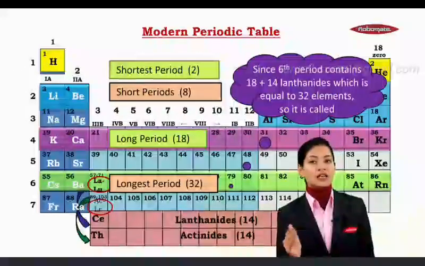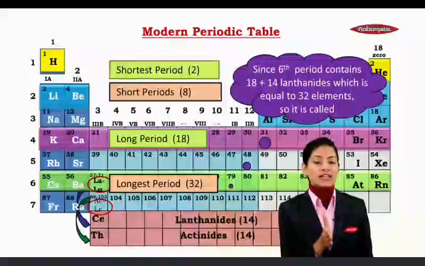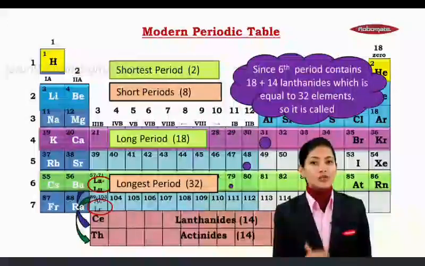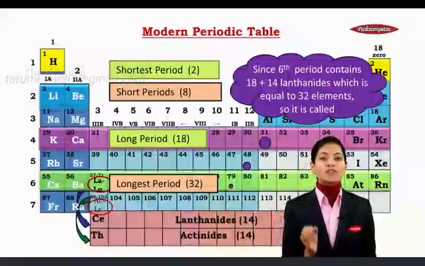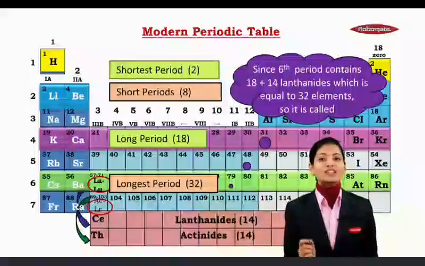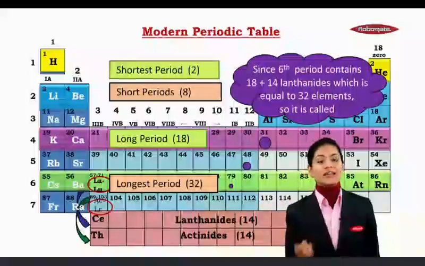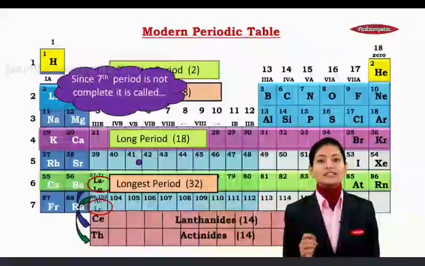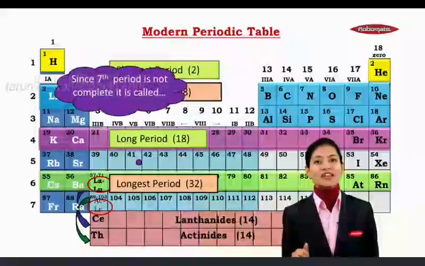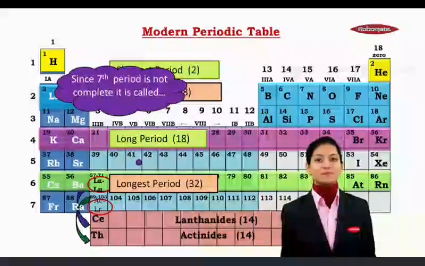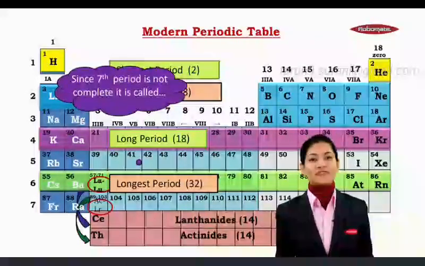So if you do the counting, that is 18 plus 14 lanthanides, which equals 32 elements. Owing to the presence of 32 elements, the sixth period is called the longest period. And the last period, that is the seventh period, since it is not complete, is called the incomplete period. So that's it about the common names for the periods.